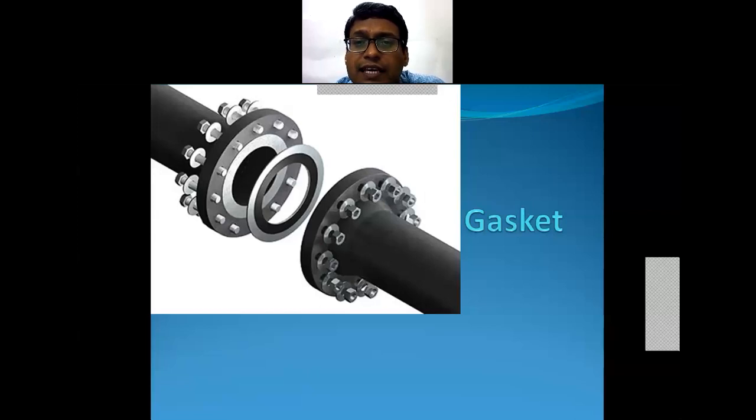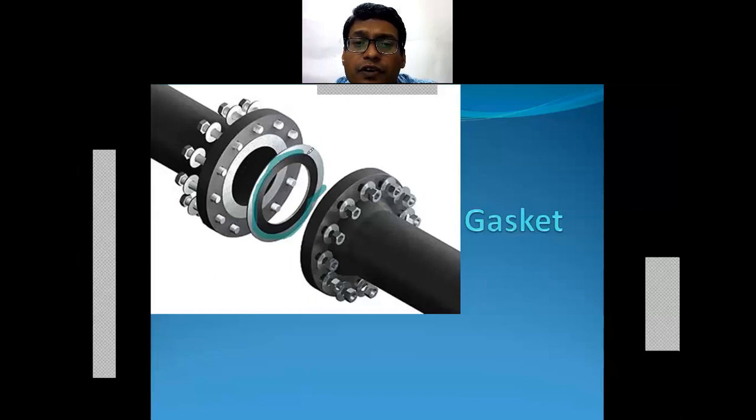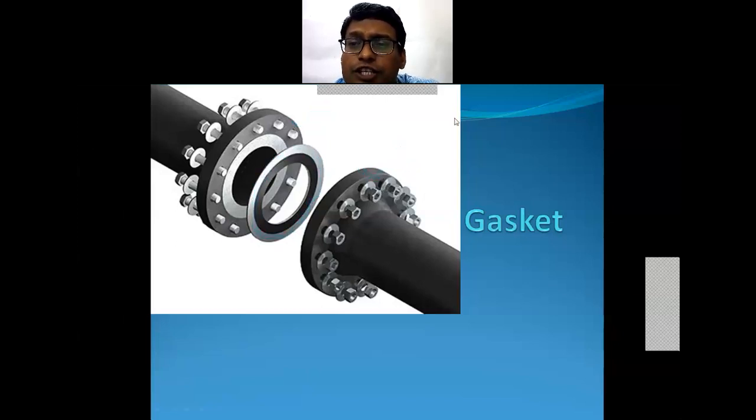You can see in this figure the gasket which is available in between. This is nothing but a gasket available in between these two flanges. In every flange joint, the gasket is available.